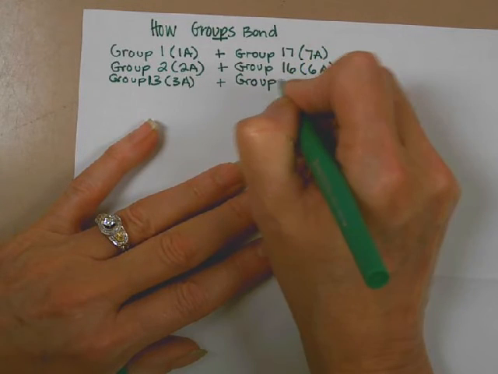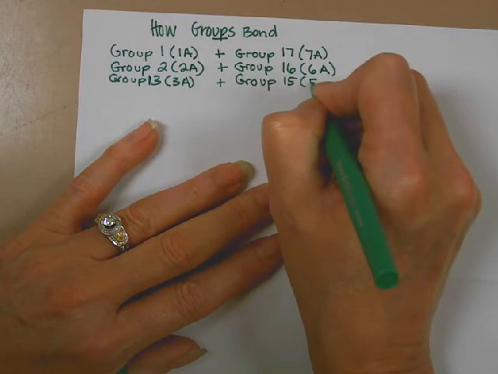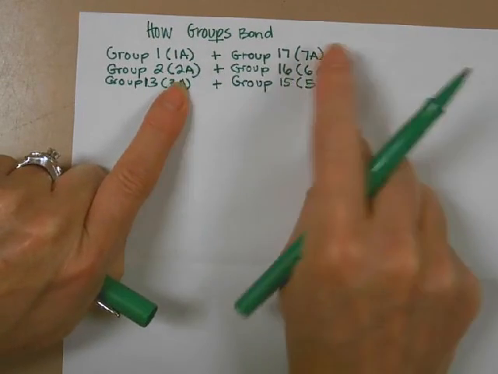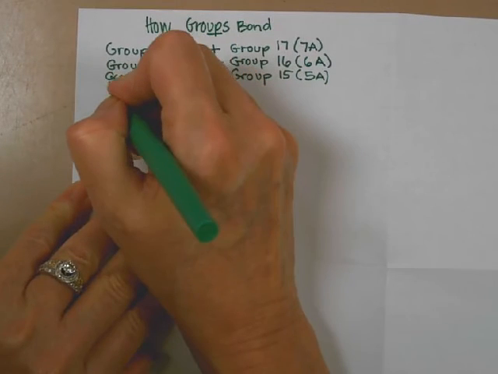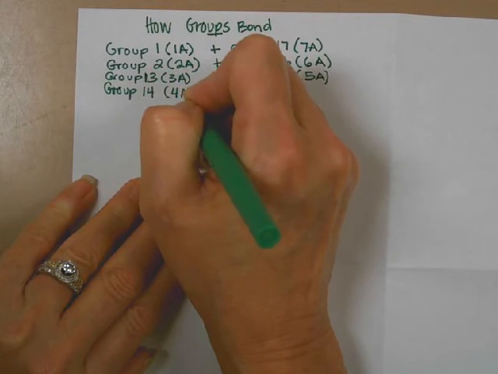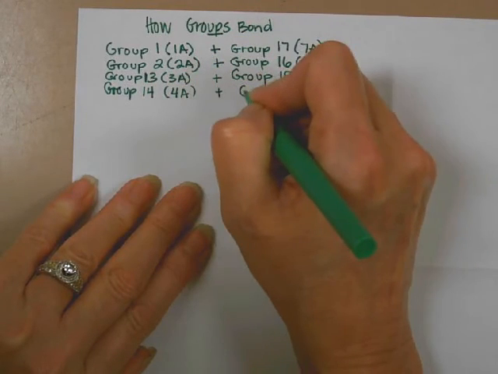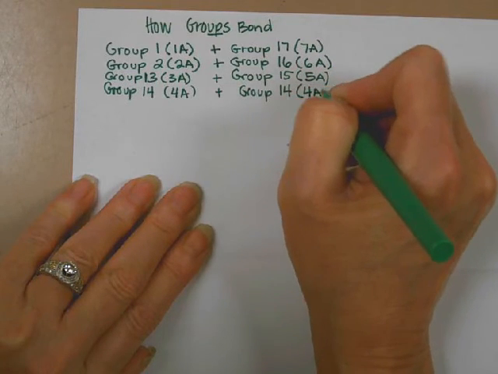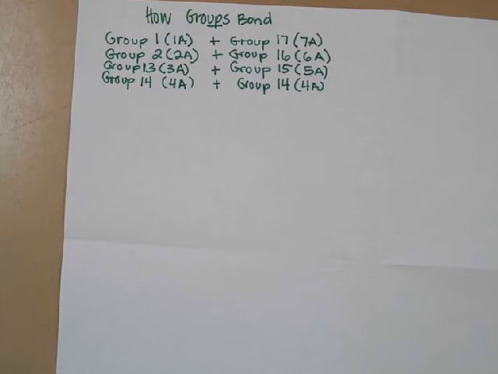They want to bond with group 15 because they have 5 valence electrons. So all of these A numbers have to equal 8, right? And then group 14 with 4A will bond with group 14. This is the most basic way that elements bond. All right. And we said the noble gases will not bond because they already have 8.